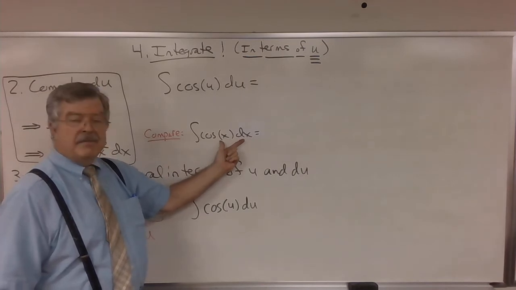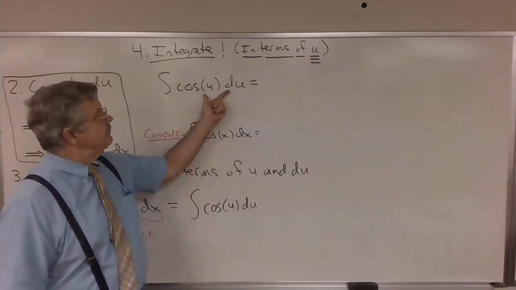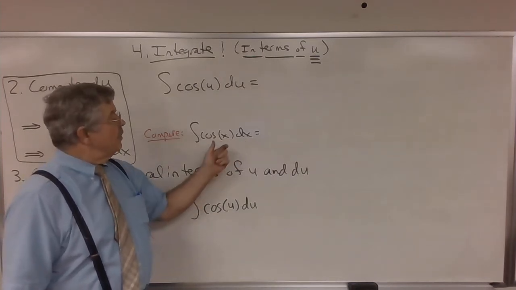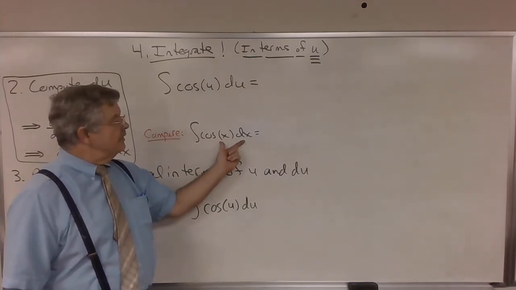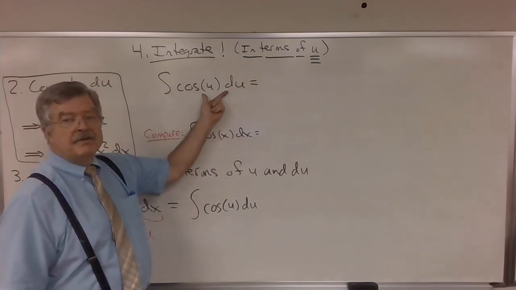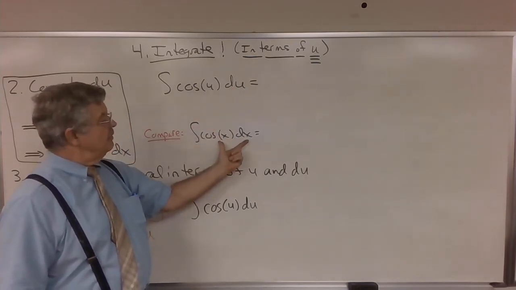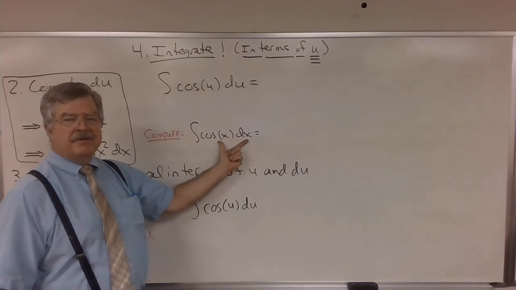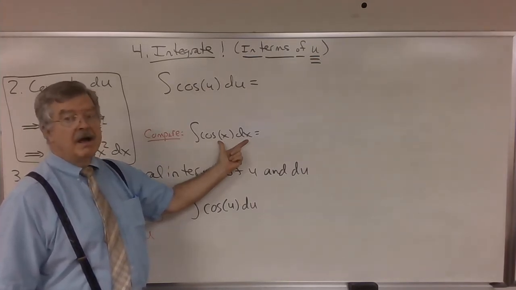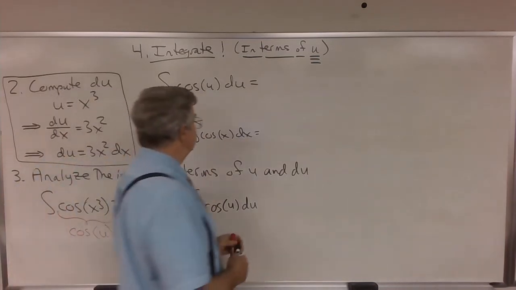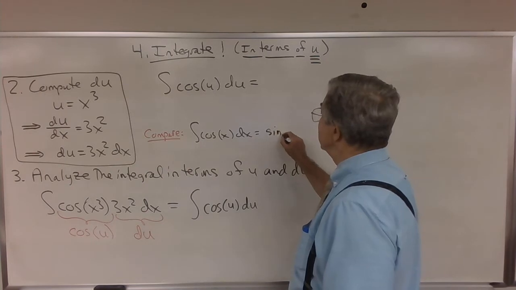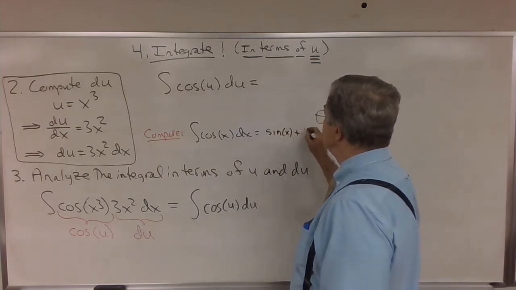This is the same exact expression as this, except in terms of a different variable. So what this integral does to x, this integral is going to do in terms of u. Do we know what that antiderivative is in terms of x? The antiderivative of cosine of x is sine of x plus c.